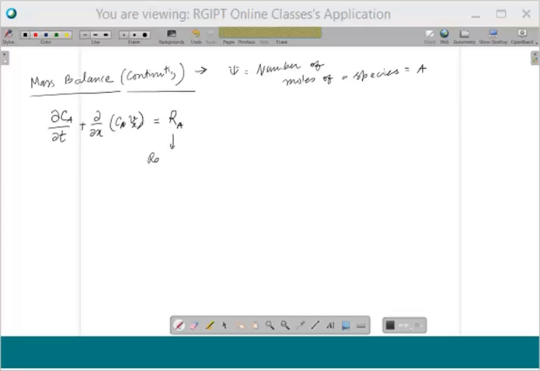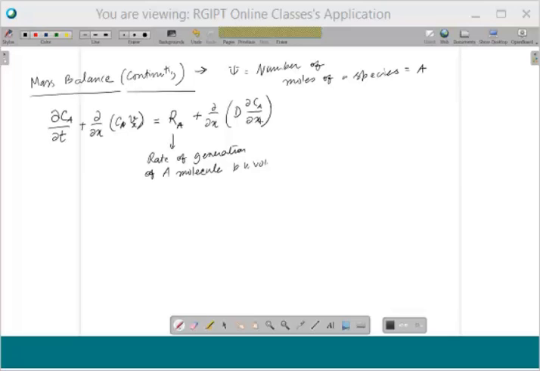This is the rate of generation of A molecules per unit volume. And then plus del by del X of D del Ca by dx.